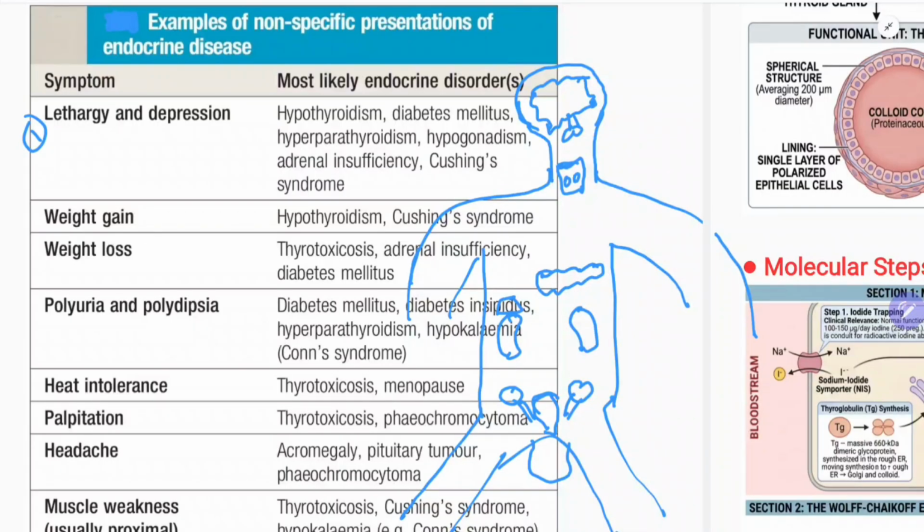With this we'll know what all abnormalities we can see. Because this is the brain, this is the hypothalamus. So we should remember the hypothalamus in our mind.